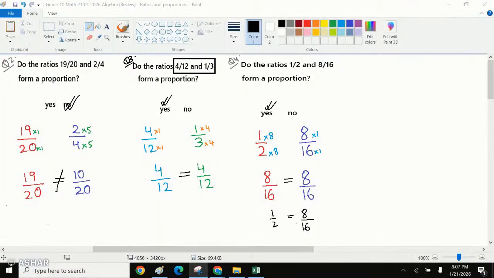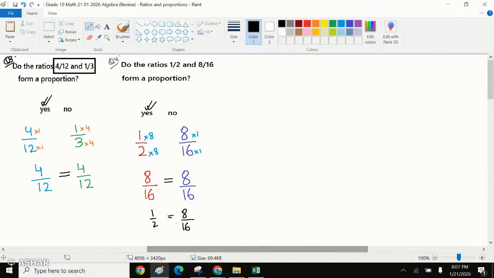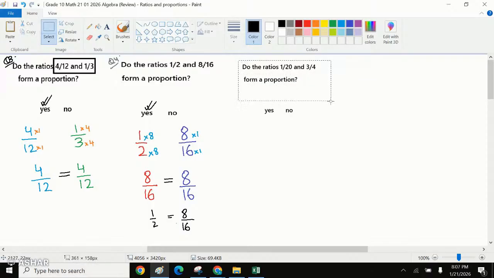Okay, let's move ahead. For the next question, question number 5, the question says, do these two given ratios have any proportion? Okay, we'll just compare. Let's realign this.